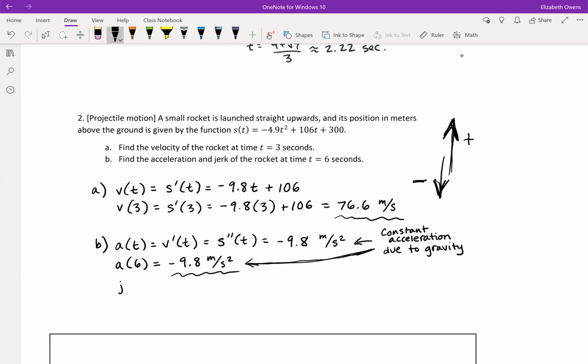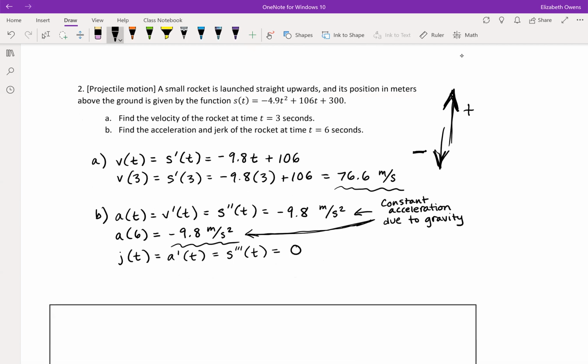Now let's look at our jerk. Jerk, remember, is the next derivative. It's the third derivative of position, so we would be taking the derivative of acceleration, a prime of t, or s triple prime of t. The derivative of this constant function is just going to give us 0.